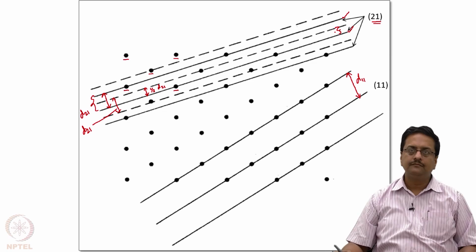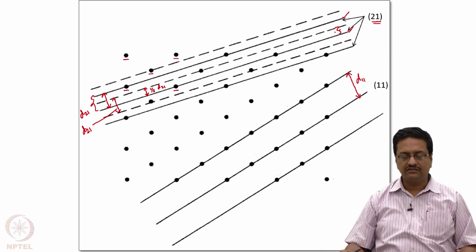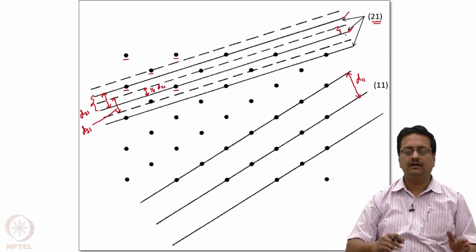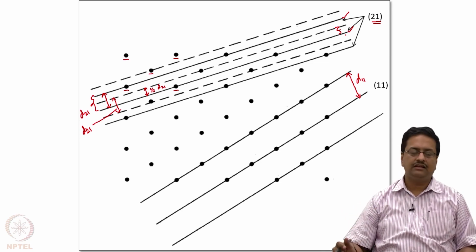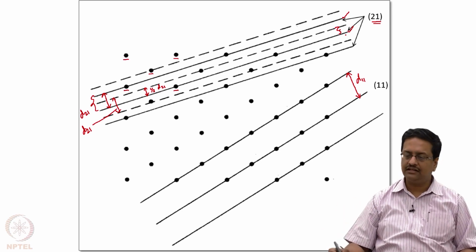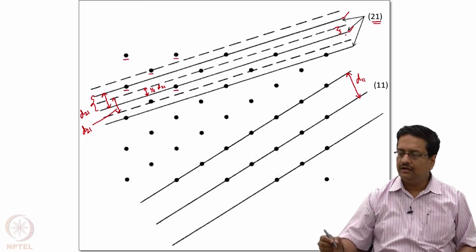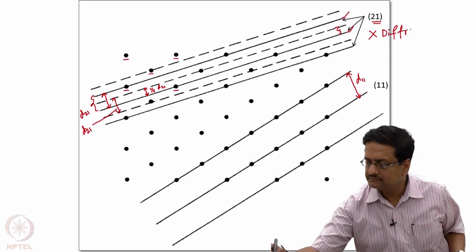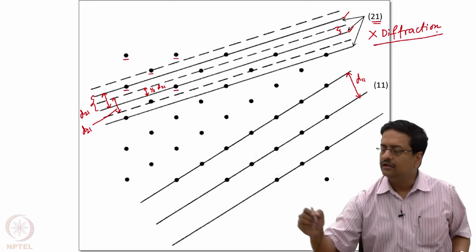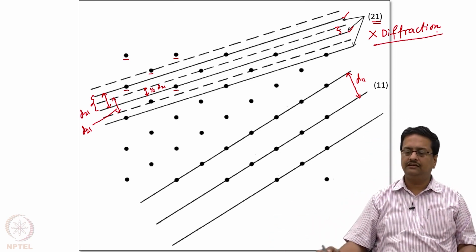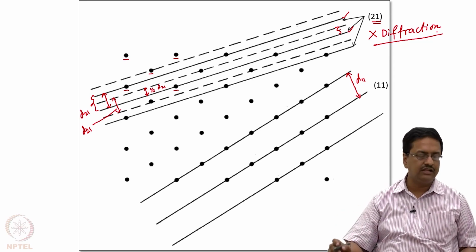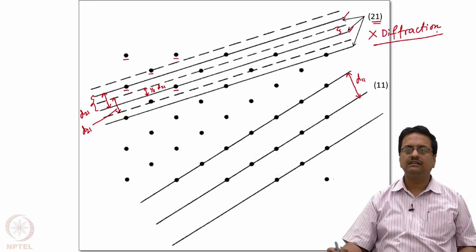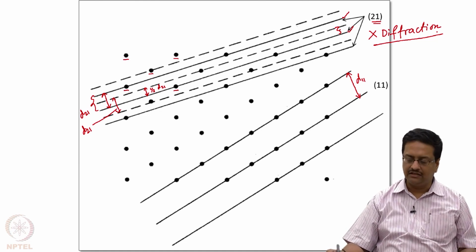As a result, the constructive interference will not happen, and in this particular case only the destructive interference will happen, and we will not see any diffraction from the set of 2, 1 planes. So from a diffraction pattern of a centered lattice like this in 2 dimensions, the 2, 1 set of planes will be systematically absent.